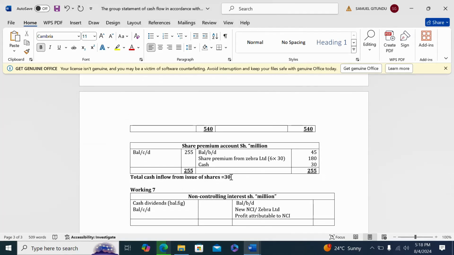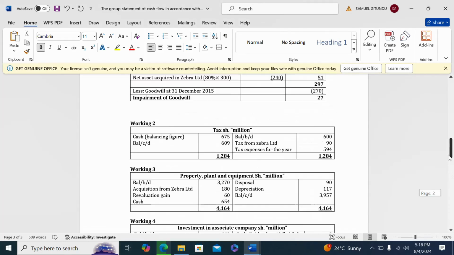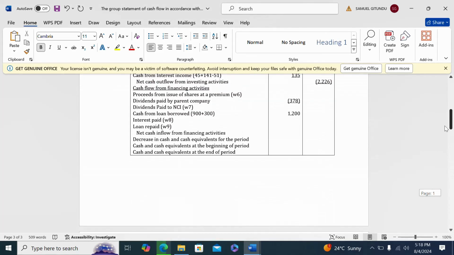So 30 plus 30, we are getting 60. So we come to our statement of cash flow and write 60 here as proceeds from the issue of shares at a premium.